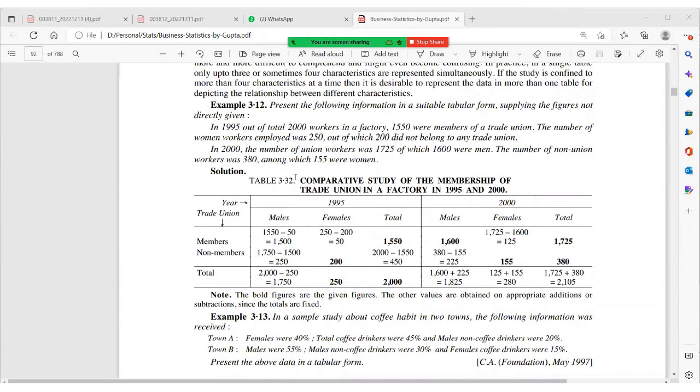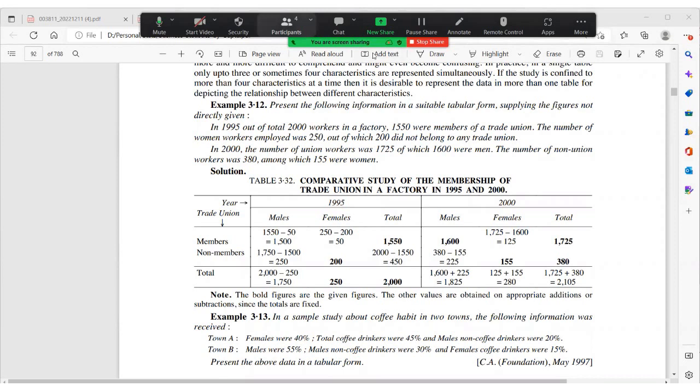Do you remember this question? Is that clear? Can you do the similar example?